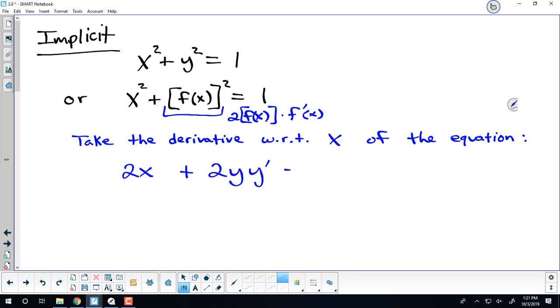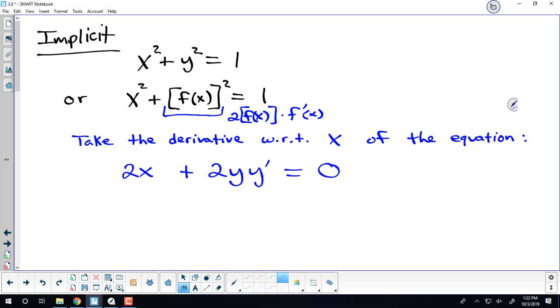And the derivative of the right-hand side, the derivative of a constant, is 0. Notice since that function was implicitly defined, we have an implicitly defined derivative.